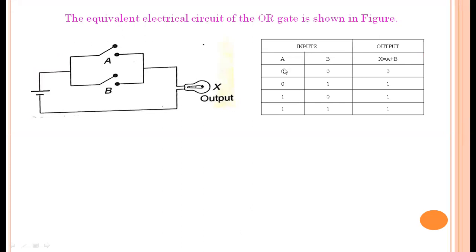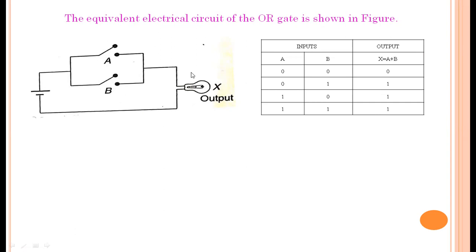For example, in the first case, A is equal to 0 and B is equal to 0, that is, A is open and B is open. When we observe this diagram, with A open and B open, the circuit is not completed.